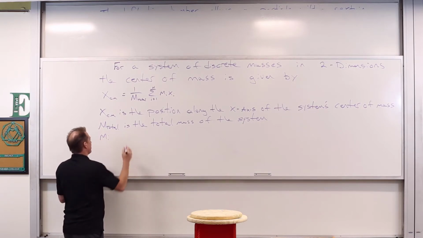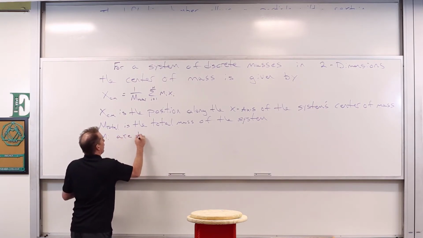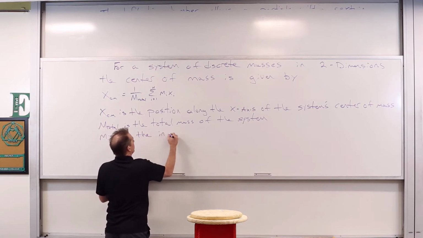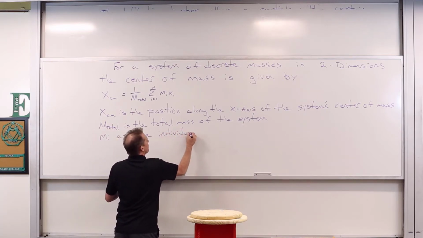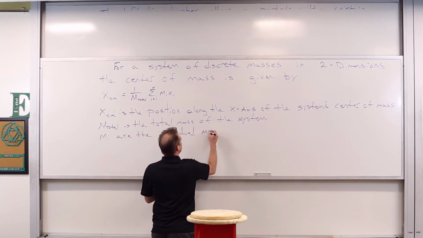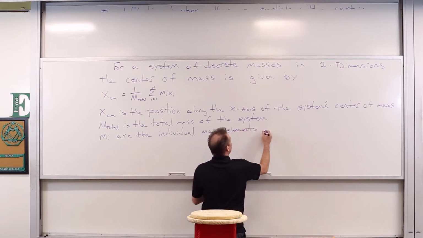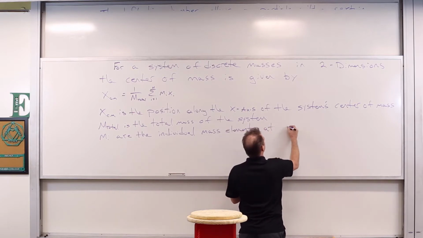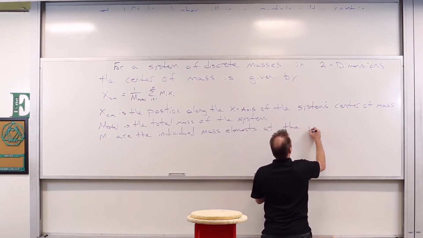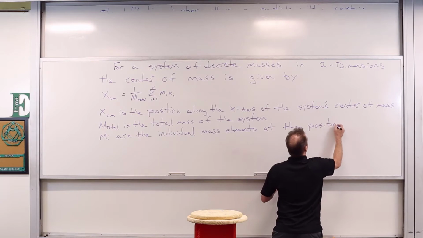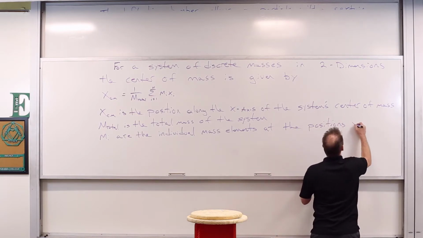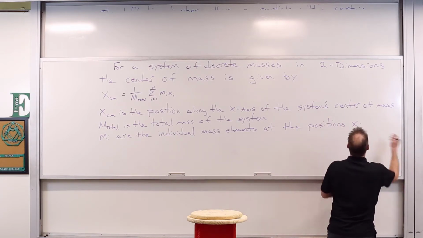The m_i's really are individual discrete mass elements at positions x_i along the x-axis.